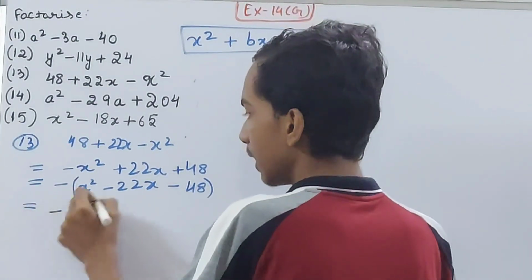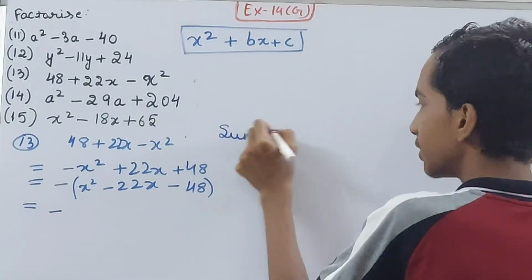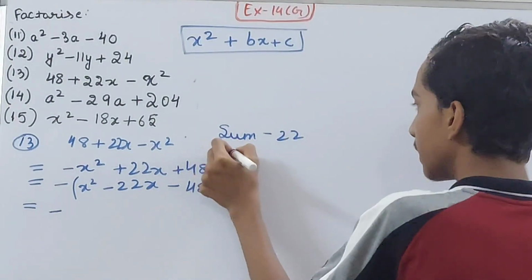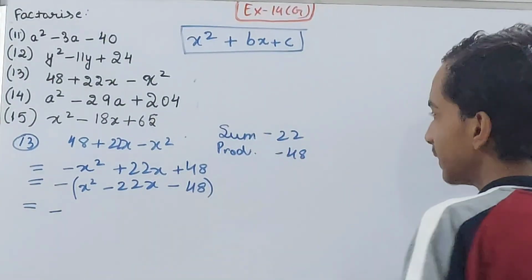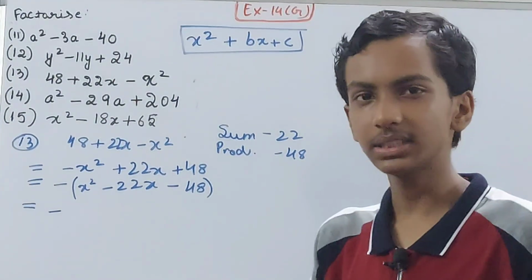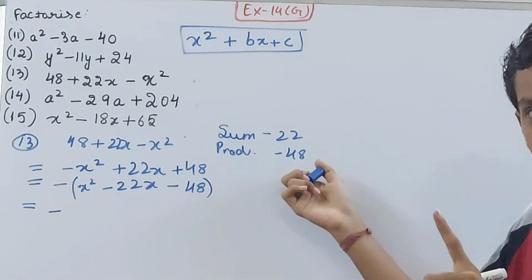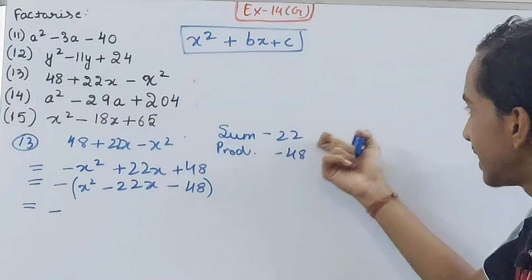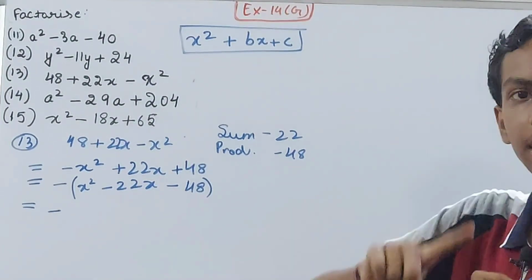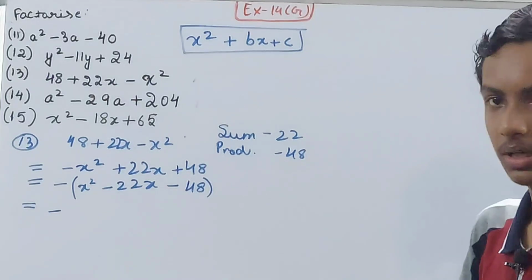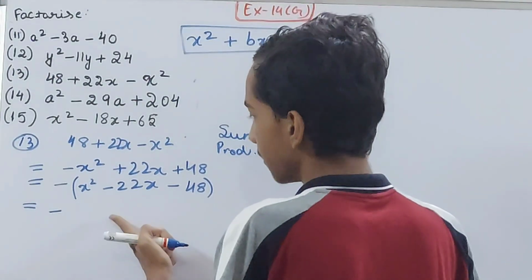See, you have to split minus 22 in such a way that the sum is minus 22, product is what? Minus 48. Same scenario, same case. See, product is negative, that means one term is positive, one term is negative. When sum is negative, then that means out of the two terms the greater number is of the negative sign.